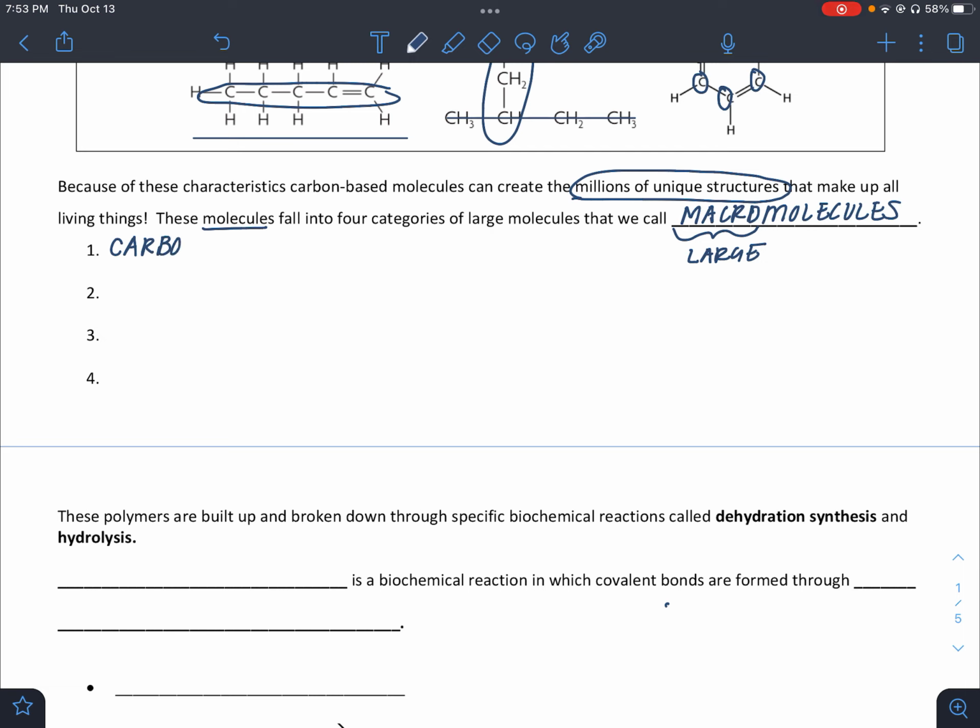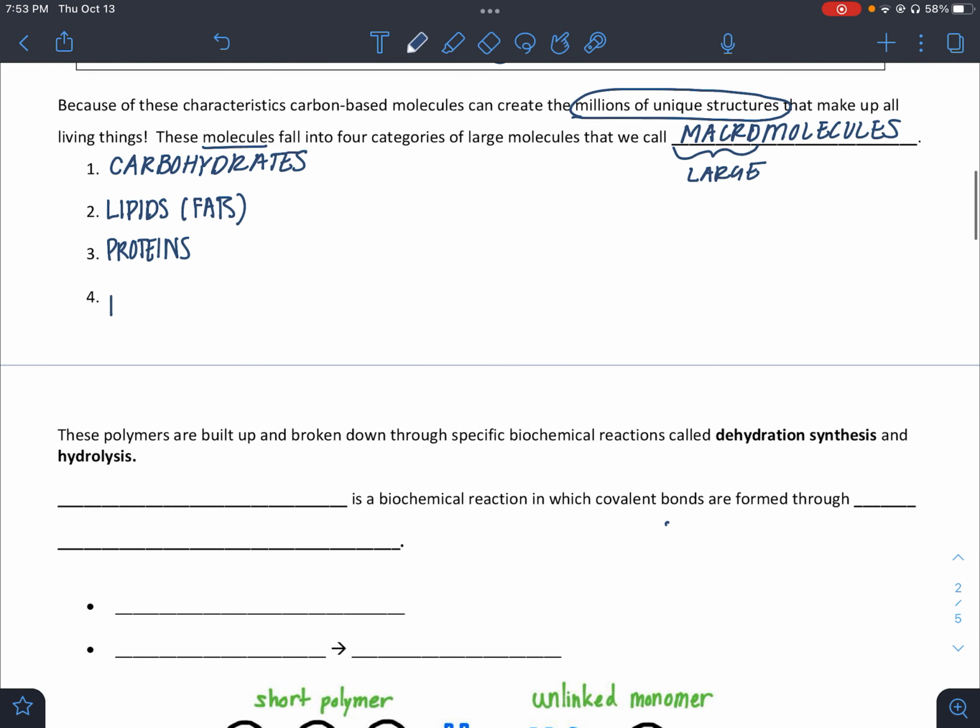The first category is carbohydrates, or sometimes people call them carbs. The next category is lipids, which you might call fats. The next is proteins. And the last category is nucleic acids, like your DNA and your RNA. All of these are what we call macromolecules.